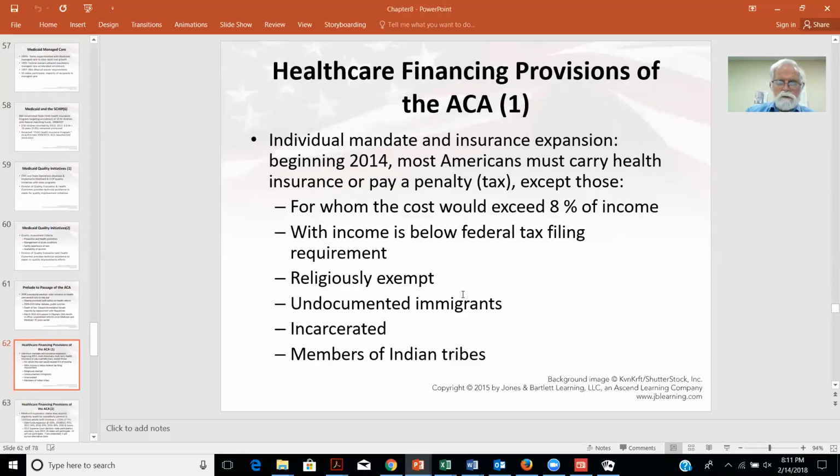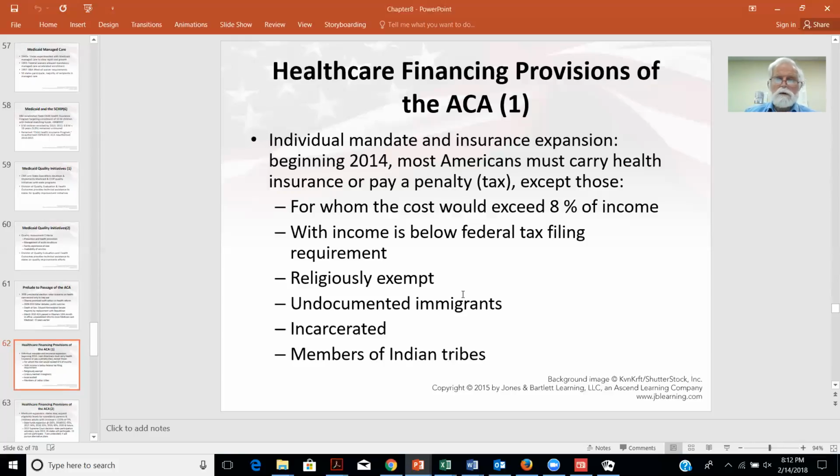The financing provisions of the Affordable Health Care Act were quite a few. Americans had to carry health insurance or pay a penalty, except those for whom the cost would exceed 8% of their income, or with income falling below the federal tax filing requirement. There are religious exemptions, undocumented aliens, those incarcerated, and members of Native American tribes.